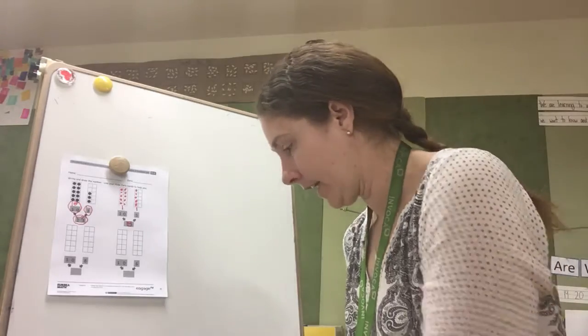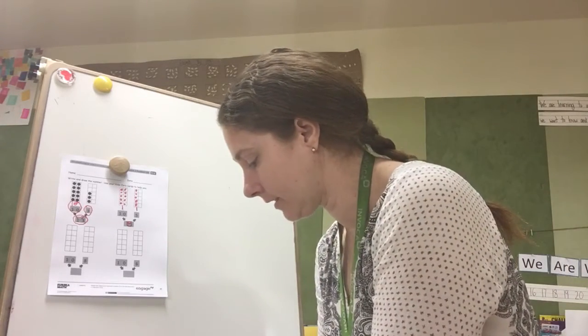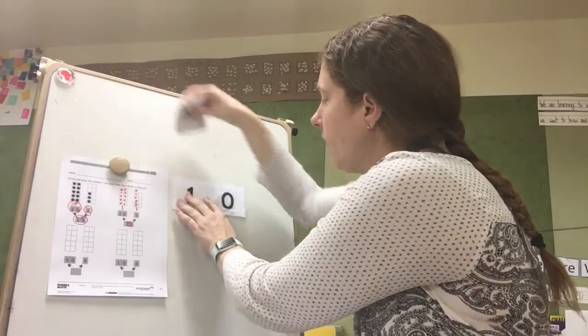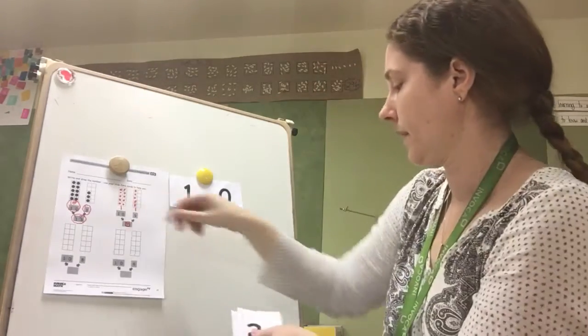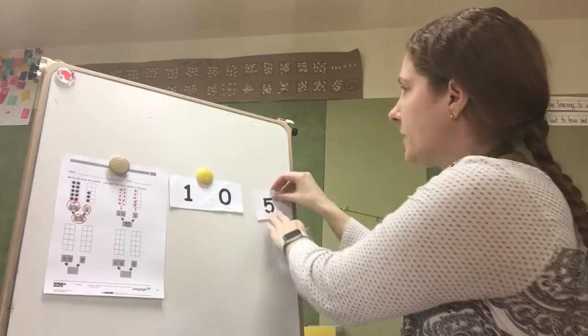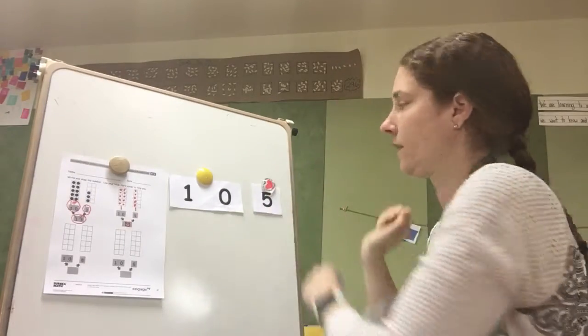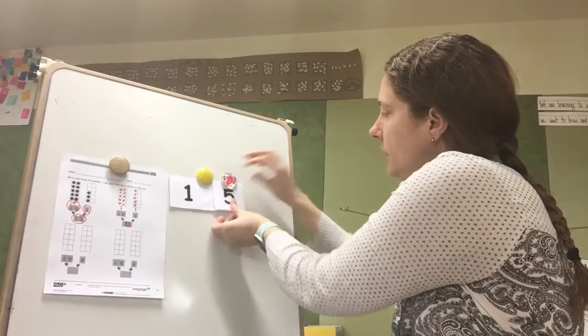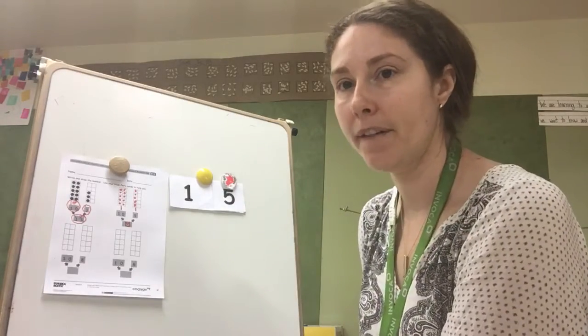Hiding the 0. If you want to see me do it with the cards, here's our 10 for the first column. And then our second column is getting the 5. And then what we do is we just cover up that 0, and it made the number 15.